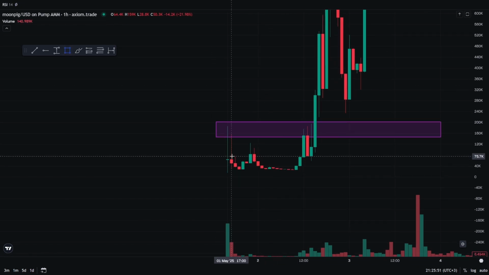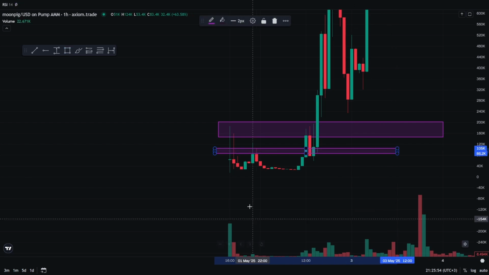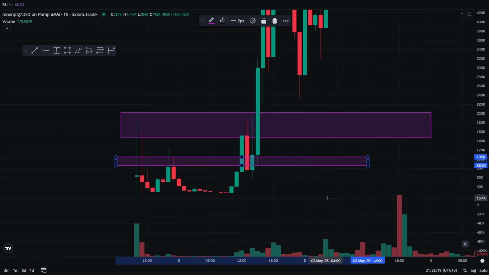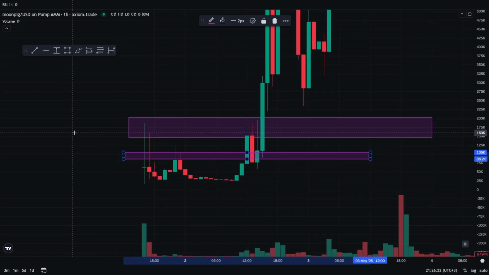Of course we have smaller resistance lines like this one, but the main thing is this: if a coin hits an all-time high or double tops the previous high, then some of you may be wondering, why does it go down, right? That's because people are taking profits. If it's at the previous high, then it's like, quote unquote, the maximum this coin goes, right? You don't know if it goes higher or lower, right? Because if it's at the previous high, it's obvious that it's gonna have a pullback for every coin.